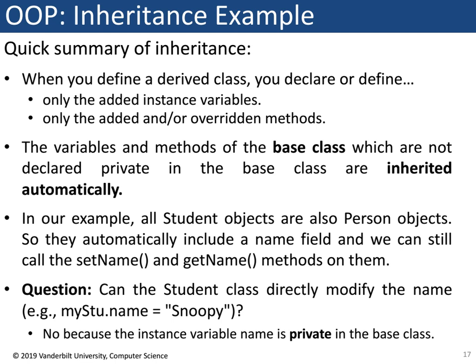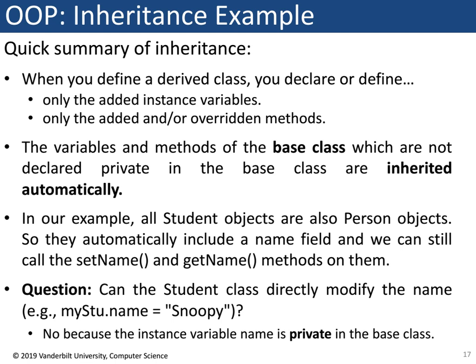So in our example, all student objects are also person objects, so they are going to inherit from the person class. They automatically include a name field, and we can still use the setName and getName methods, which are a part of Person, because Student inherited those methods as well as the name field.